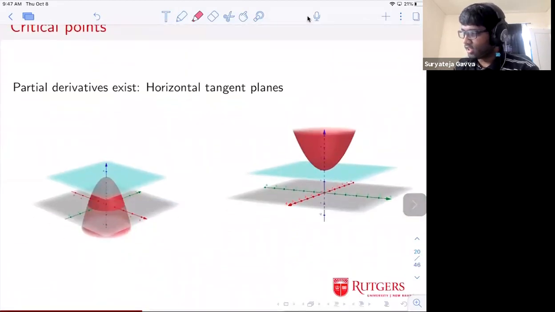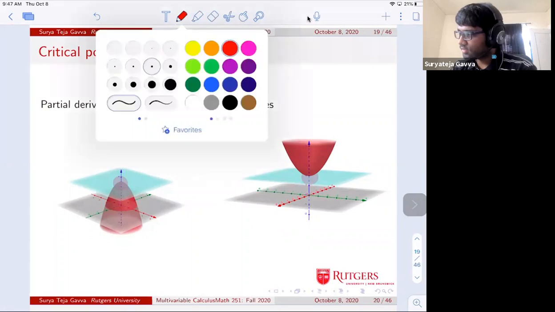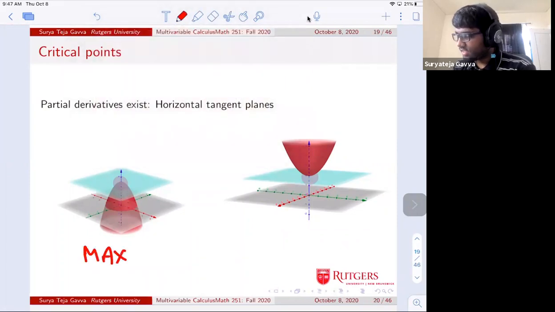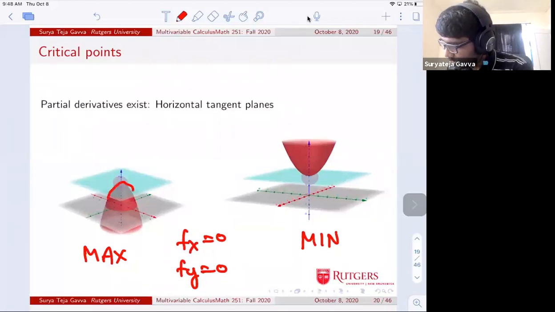So for instance, in this case, you see that there are these horizontal planes. So this is a max, and the derivatives exist, and this is min. So that means this is a nice surface. The derivatives will exist. This is a horizontal plane. So that's why fx and fy equal 0. So the slope along x-axis and the slope along y-axis, if you compute, both of them will be 0.